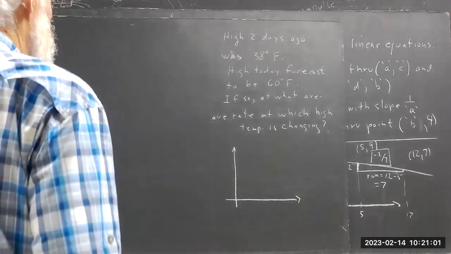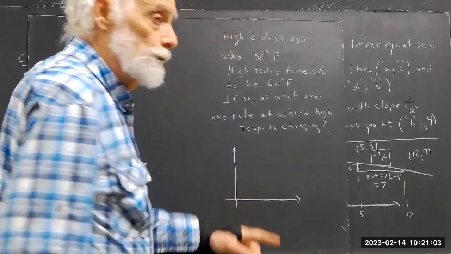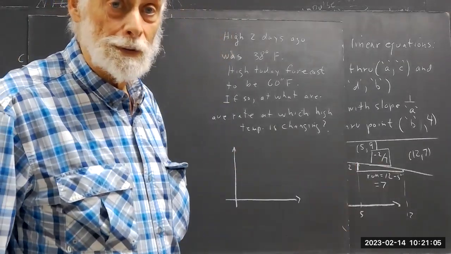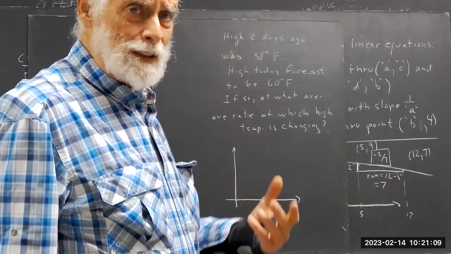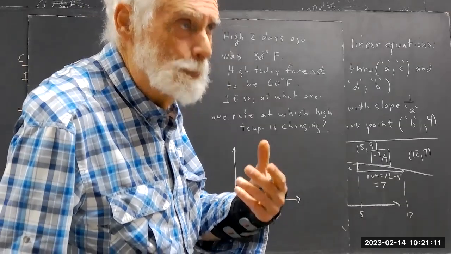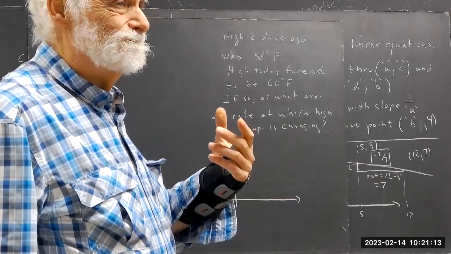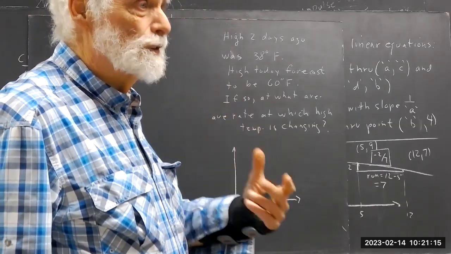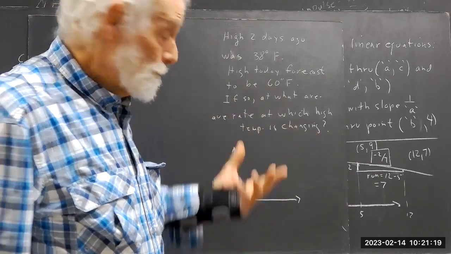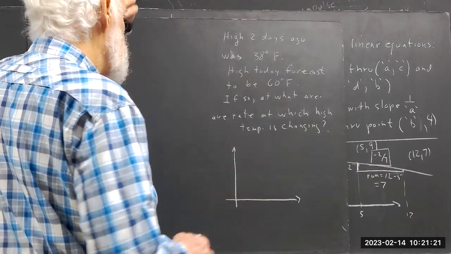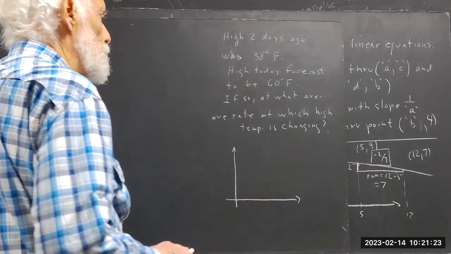Okay, it's really a good idea to sketch a graph, and that's what somebody suggested. I'm glad you suggested it. Most of you don't want to do it this way; it depends on how your brain's wired. But what's changing with respect to what?